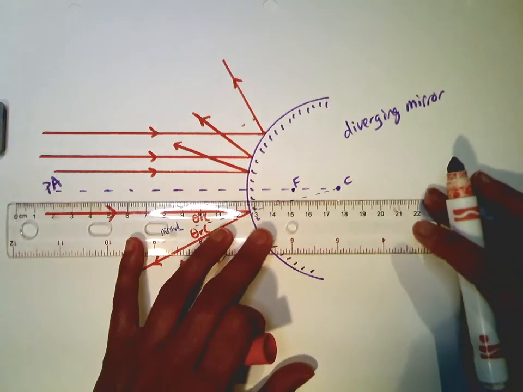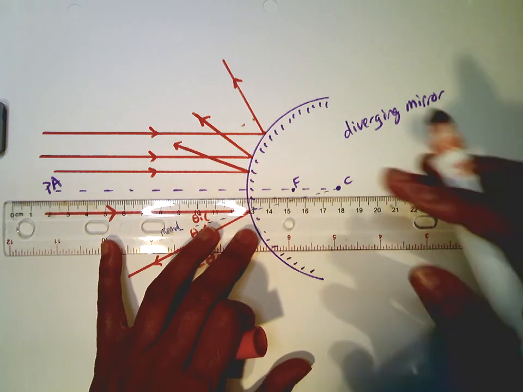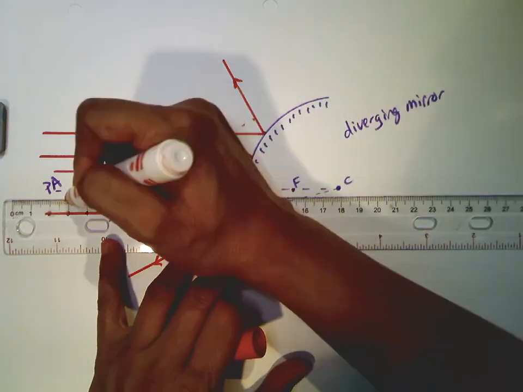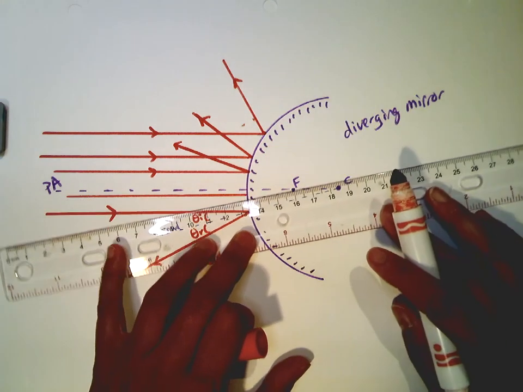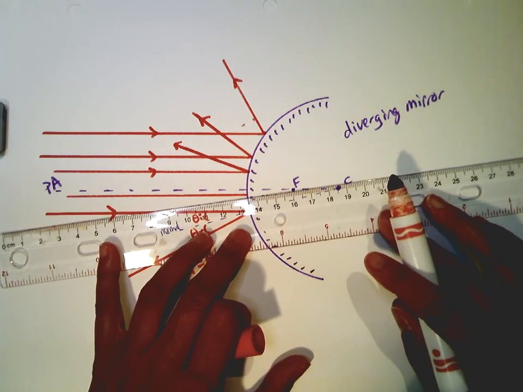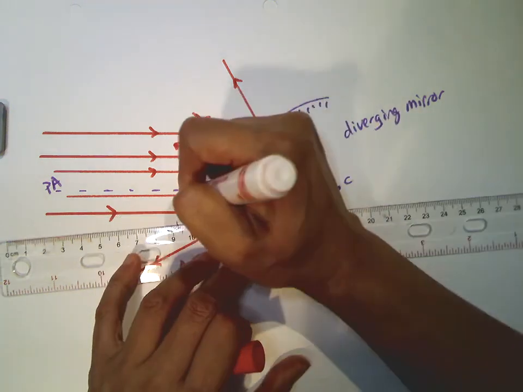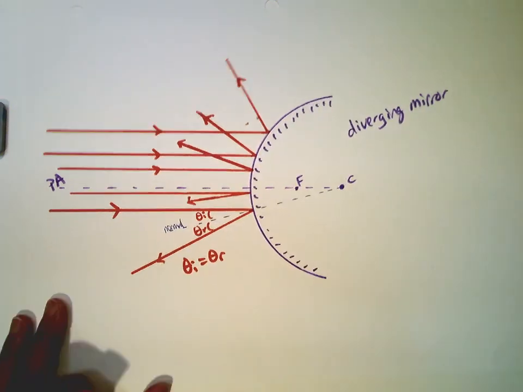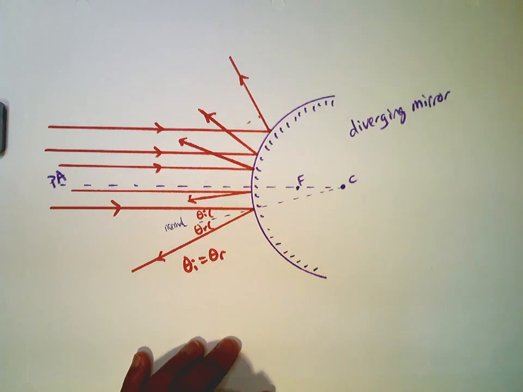Let's draw one more so you can see how it goes off the other way as well. Let's just draw one below the principal axis. And you'll notice that if you line it up, it does bounce off that way, away. So as you can see, it looks like it came from the focus.